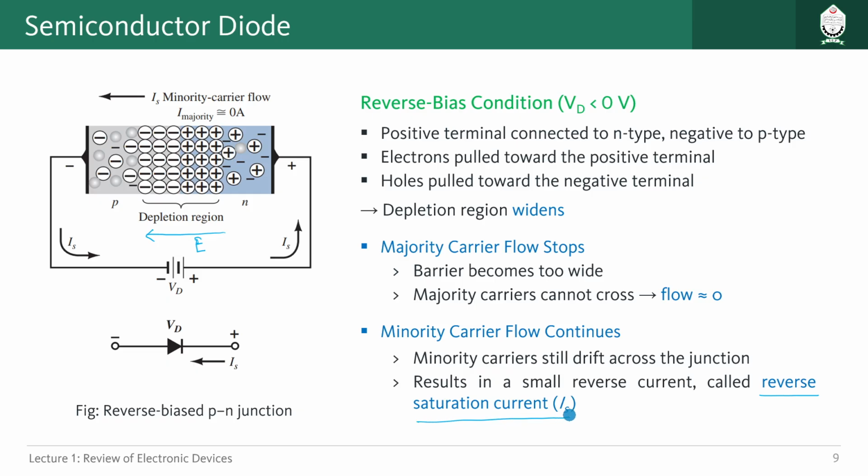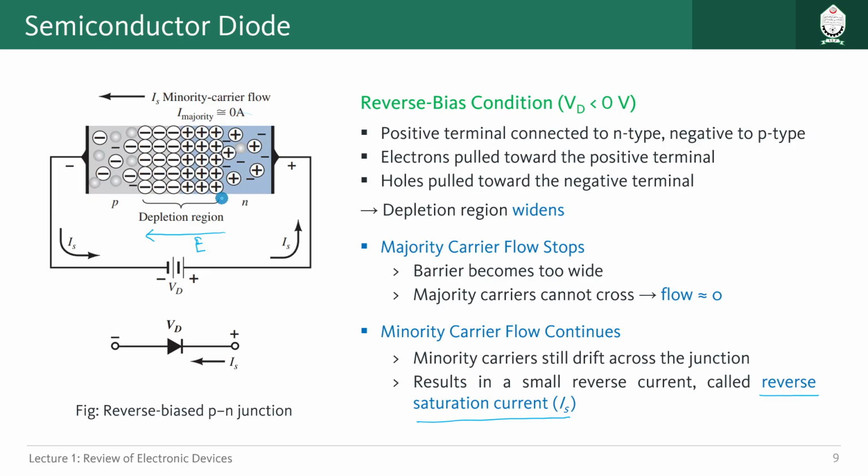Reverse because it is in the opposite direction to the conventional current flow, and saturation because the amount of minority carriers in this device is not changing, and it can change only if you change the temperature. If you apply the voltage here, or increase or decrease it, that will not change the temperature of the device.